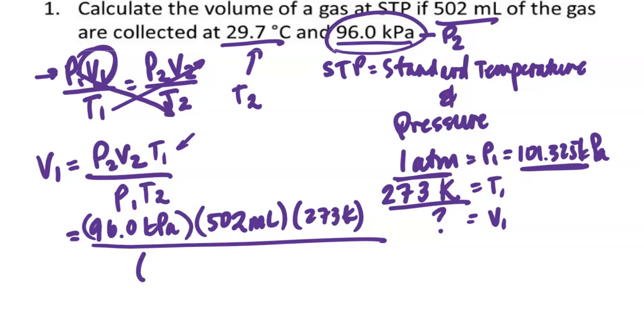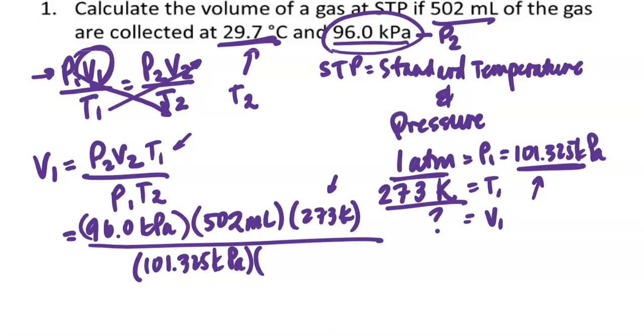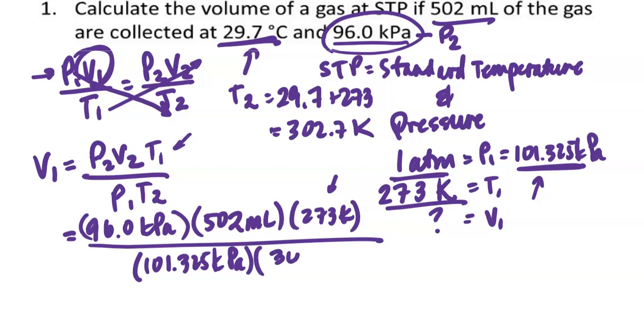My initial pressure was 101.325 kilopascals. And my second temperature was 29.7 degrees Celsius, but again, I have to make sure to convert that to Kelvin. So I would take 29.7 and add 273 to that. If I do that math, I get 302.7 Kelvin. So that's going to be my second temperature.